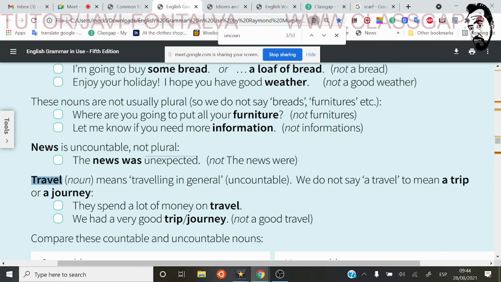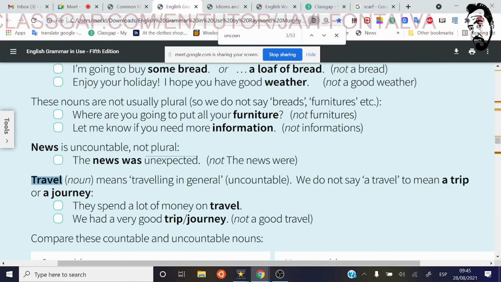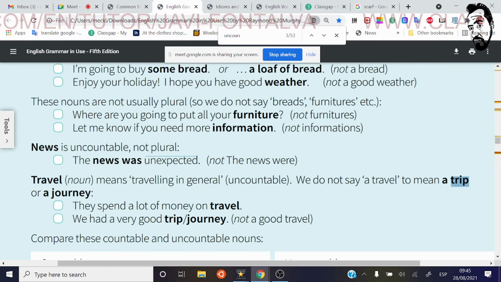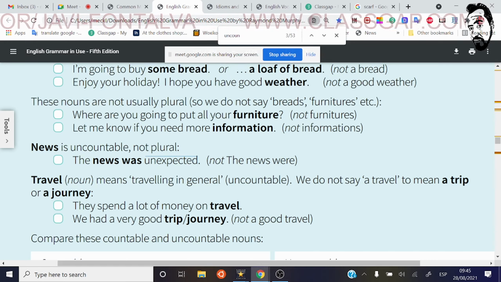With the word travel, again, it's uncountable. So travel can be a verb or can be a countable noun. Usually when you talk about going to a place, we don't say travel, we say a trip, or we say a journey. Travel is more of a general idea.